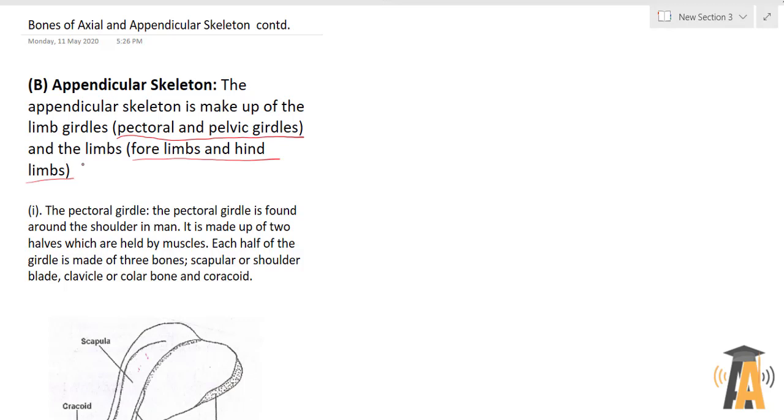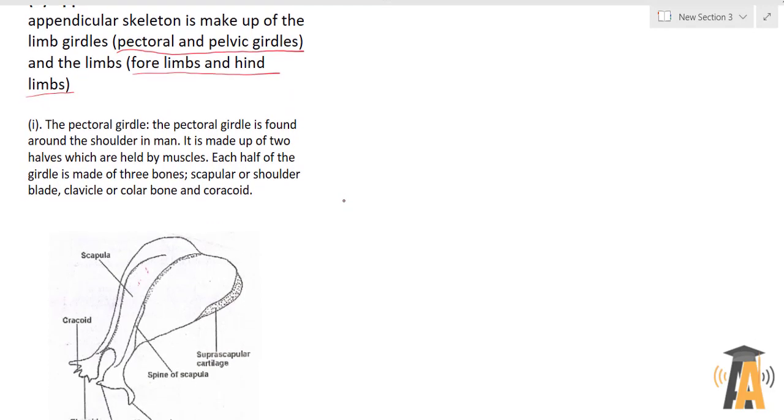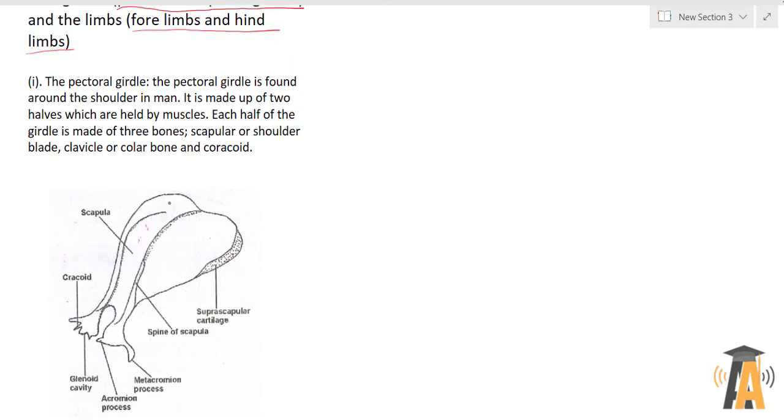So we'll take first the pectoral girdle and the pelvic girdle respectively, and we'll touch on them very briefly. Now the pectoral girdle is found around the shoulder in man, and it's made up of 2 halves which are held by muscles. Each of these halves is made up of 3 bones: the scapula or shoulder blade, the clavicle or collarbone, and the coracoid.